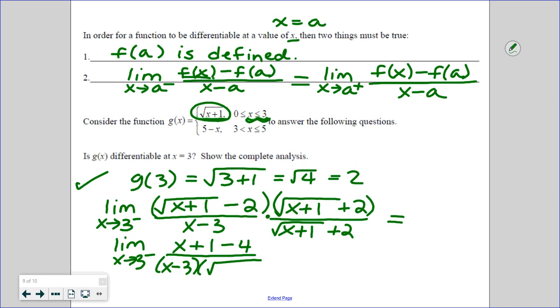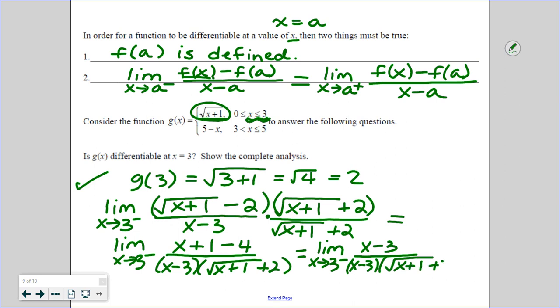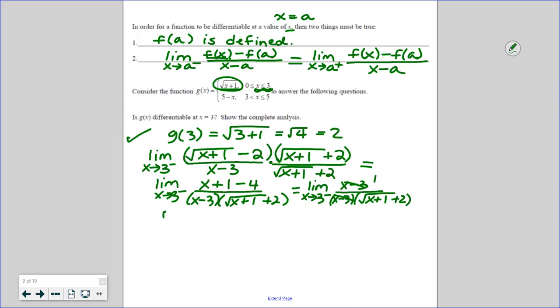We're just going to bring these two factors together. Well, notice our numerator is going to simplify to x minus 3. So your x minus 3s are eventually going to simplify, leaving the 1 in the numerator. We're getting there, guys.